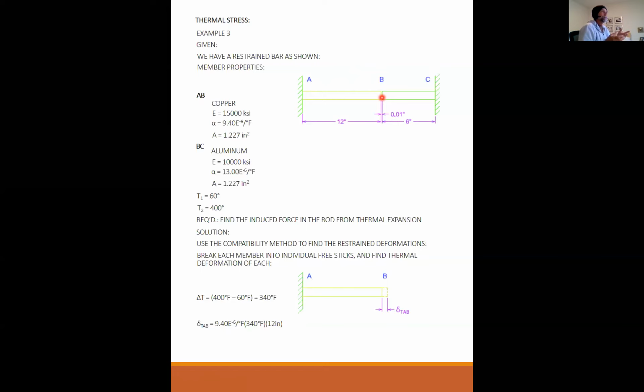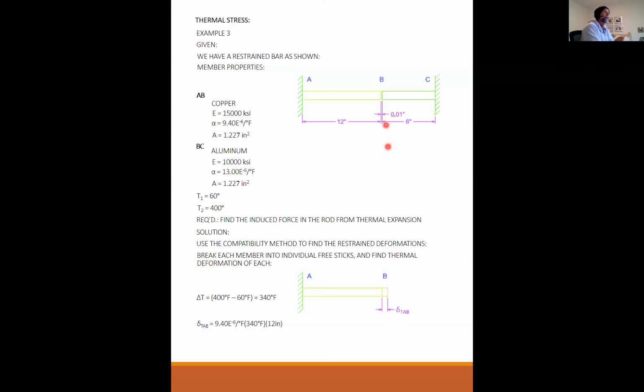If the whole problem was reversed and we're lowering the temperature, it's the same thing. It's just they would now be in tension if you had them welded together or connected. But sticking with increasing the temperature, when these two expand to the point where they are touching each other, they start putting compression into the system.